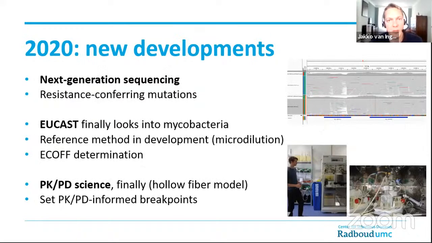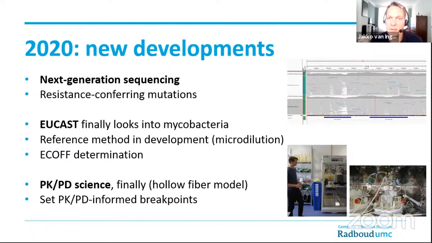So what are the new developments in this area before we go into the treatment arena? Of course, next generation sequencing. I don't know if you've joined the first few lectures in this series, which were awesome. Of course, next generation sequencing allows you to do drug susceptibility testing in Mycobacterium tuberculosis to quite a large extent.